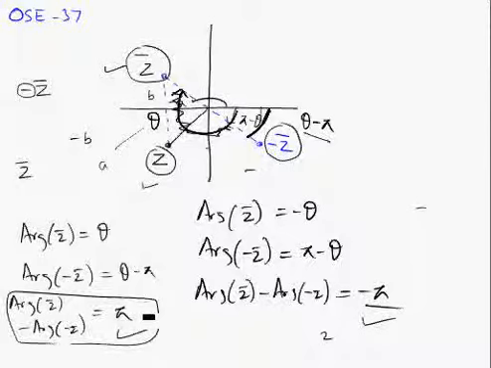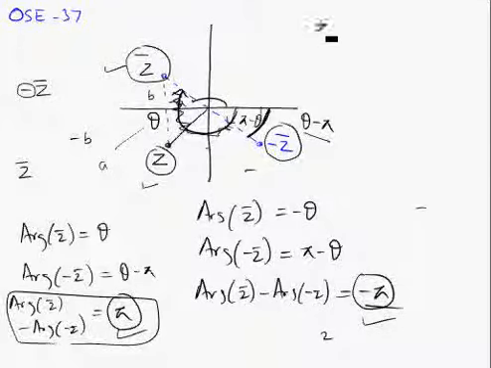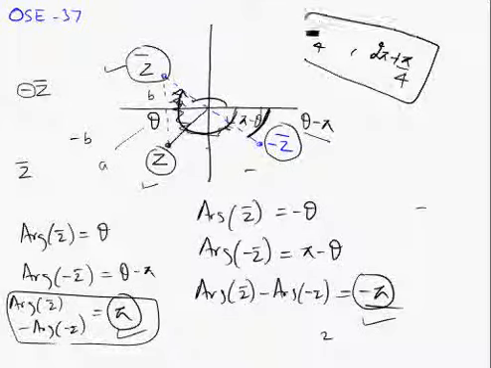And always remember that whenever there is a difference in the arguments of two complex numbers which is an integral multiple of 2 pi, then it is the same. If we have pi by 4, the other argument is 2 pi plus pi by 4. There is no debate, both of them represent the same complex number.